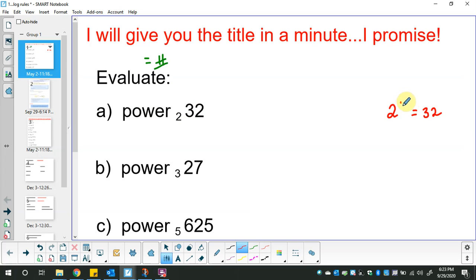And once we figure out the something, that will sit on this side of the equal sign. So we have to keep guessing and checking, and these are all supposed to be pretty answers, until we get an answer. So I know that 2 to the exponent 5 is equal to 32, which means this answer is 5.